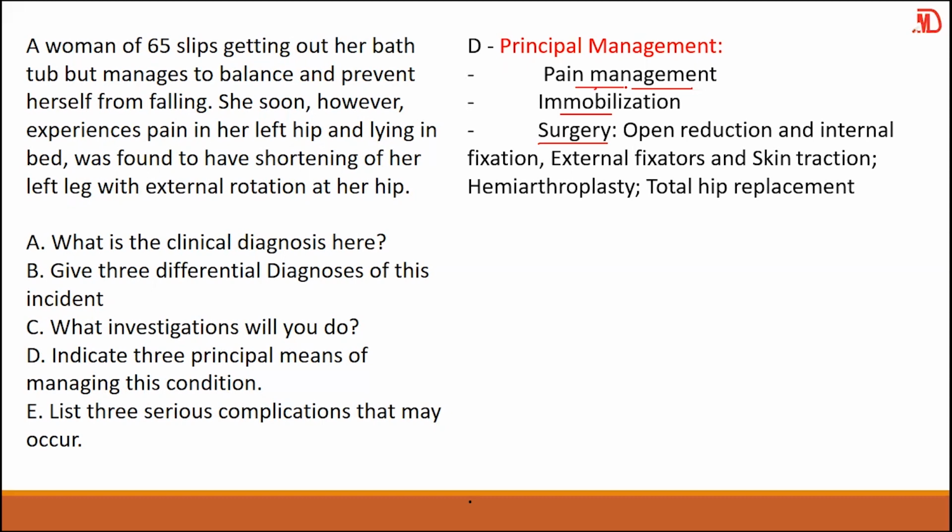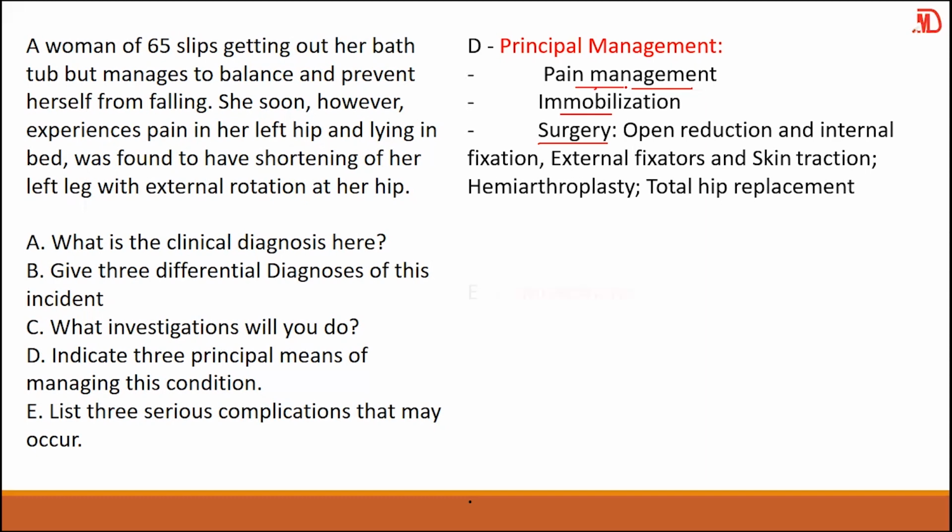That's more or less like a surgical procedure that involves replacing half of the hip joint. So you are replacing half of the hip joint. And then you can also have a total hip joint replacement. So these are the possible management options that are available for such a patient.